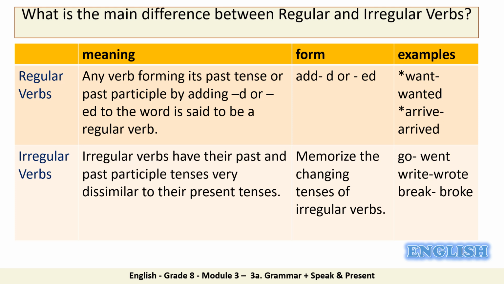Irregular verbs have their past and past participle tenses very dissimilar to their present tenses. Here, of course, you need to memorize the changing tenses of irregular verbs. These are some examples: go, went, write, wrote, break, broke. Alright.